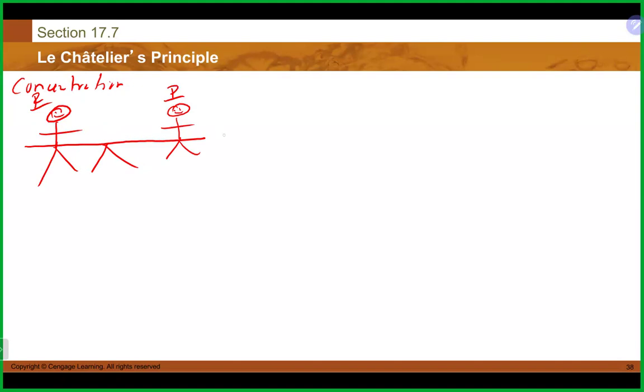And they are at equilibrium here. Let's say we decided to add some more people to the right-hand side. When we add more people to the right-hand side, we're going to end up with something that looks like this when we pop another person on.